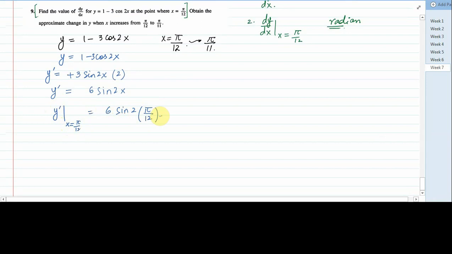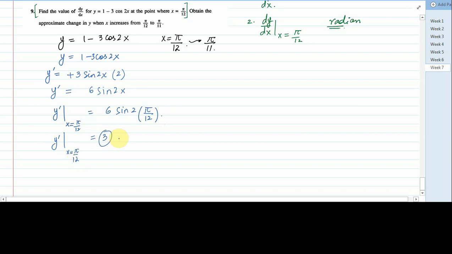Pi is 3.142 divided by 12 times 2, and then sine of it gives you the value of 0.5 times 6, so that will be equals to 3. Alright, so you got your value of y dash at x is equals to pi over 12, and this value is 3. That is your first one.